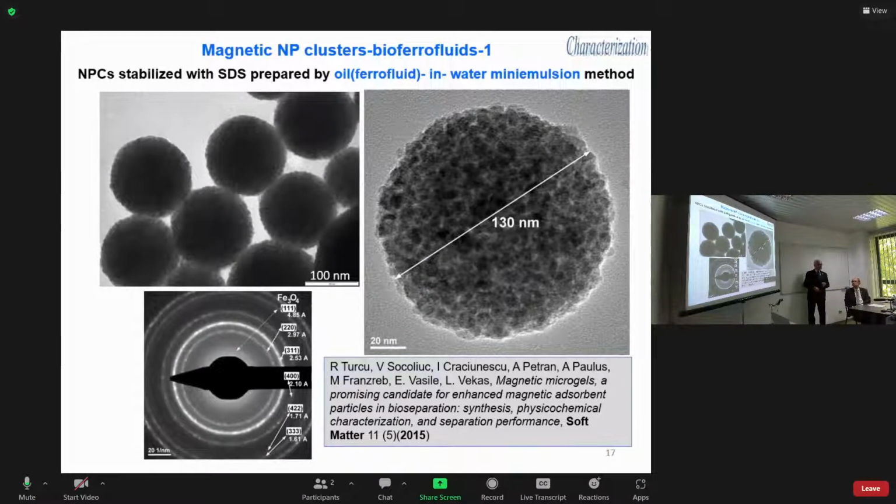Here, the images of the nanoclusters prepared, magnetic nanoclusters, by mini emulsion procedure. Densely packed magnetic nanoparticles, which give a very good magnetic behavior, that is paramagnetism is ensured, and the sizes are regulated by the process, which is well known at this time.